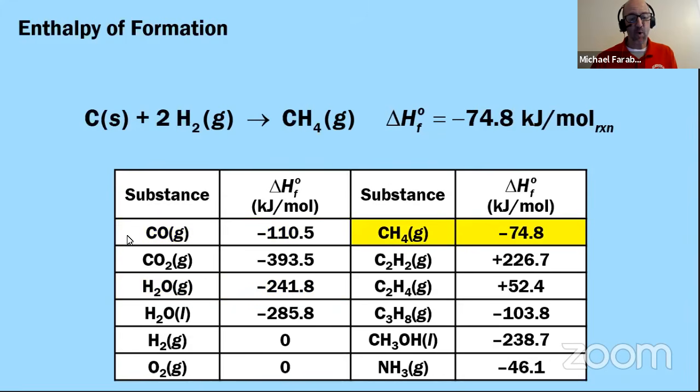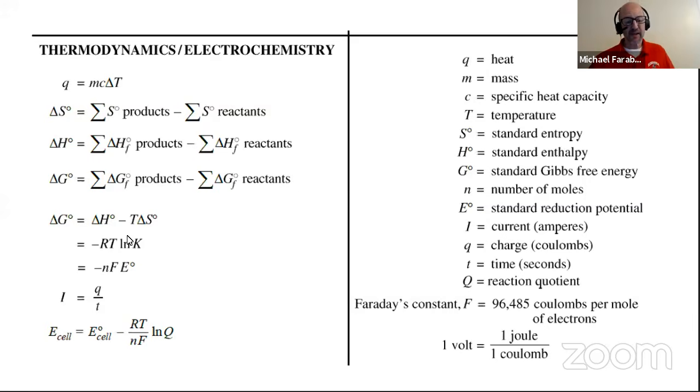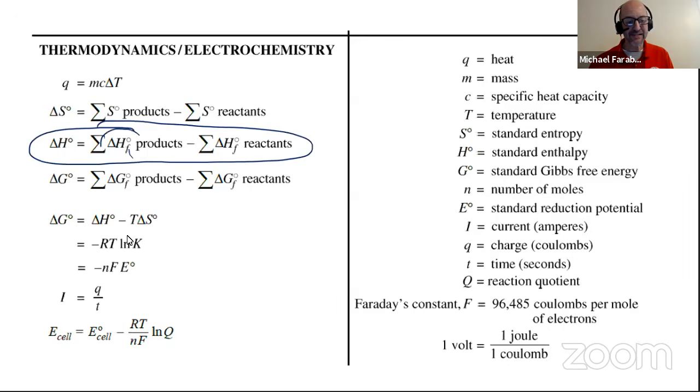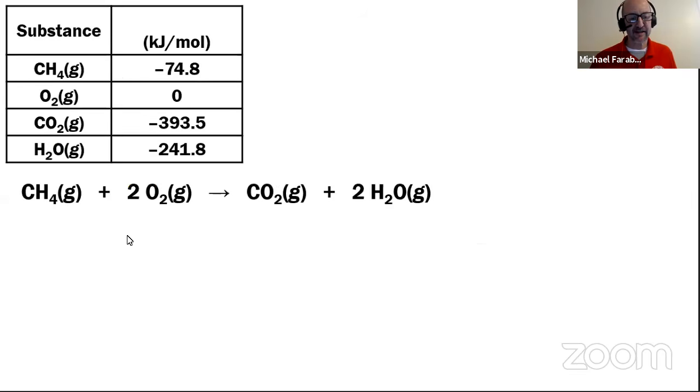If it was methane, 1 mole of carbon plus 2 moles of H2, again, CH4 is being produced, and that's the delta H associated with that. So as I mentioned before in the warm-up problem, you have an equation, and that would be delta H of formation for the products minus the delta H of formation for the reactants.